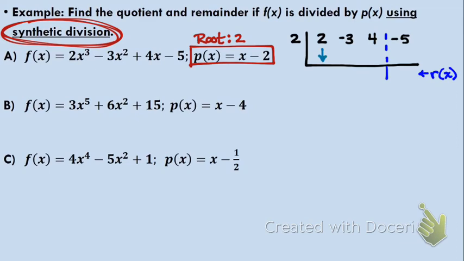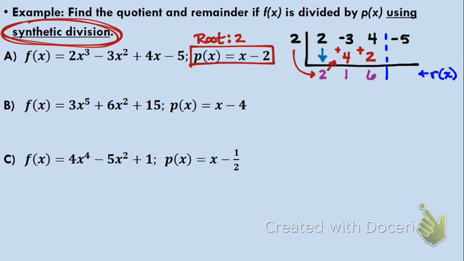First coefficient drops straight down, so I have a 2 here. And we're going to multiply. 2 times 2 gives me 4, and then I add, which gives me what? 1. Multiply again, that gives me 2, and then I add. 4 plus 2, I get 6.